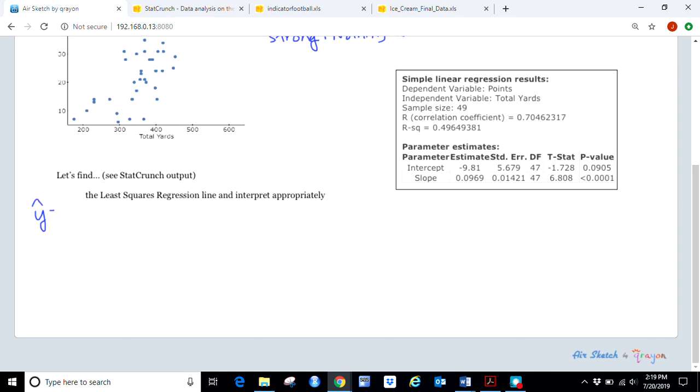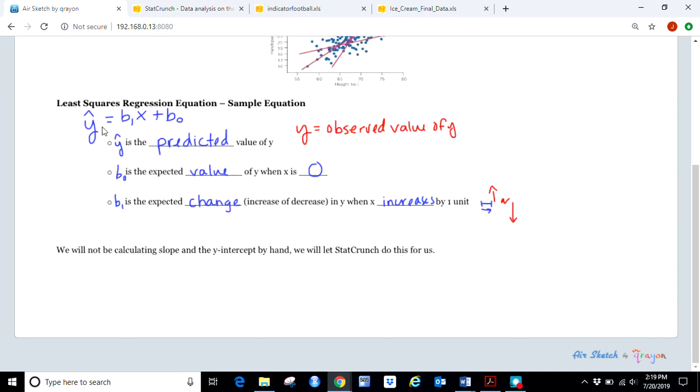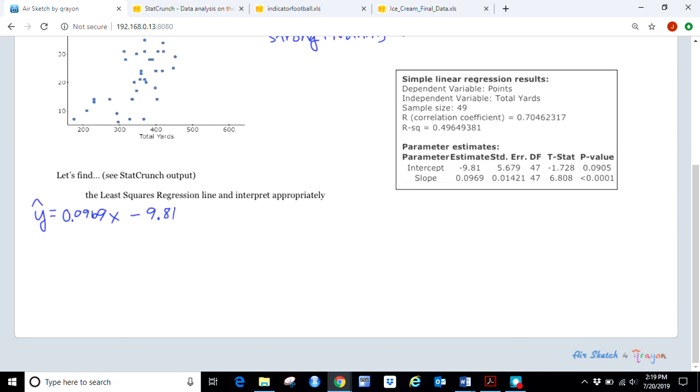Our y hat then is 0.0969 times x, and then our intercept is negative 9.81. So that's putting it in the form that we talked about in that previous video. Remember, this is our b1, x, and b0.